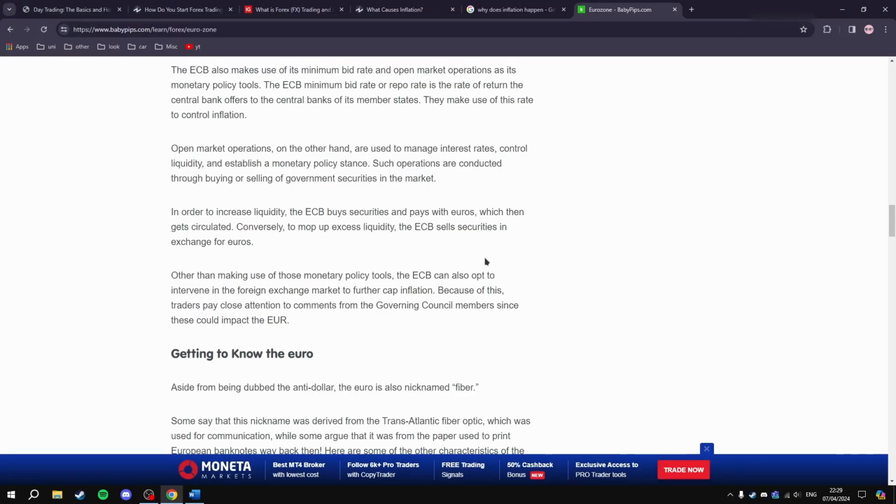The ECB minimum bid rate, or repo rate, is the rate of return the central bank offers to the central banks of its member states.